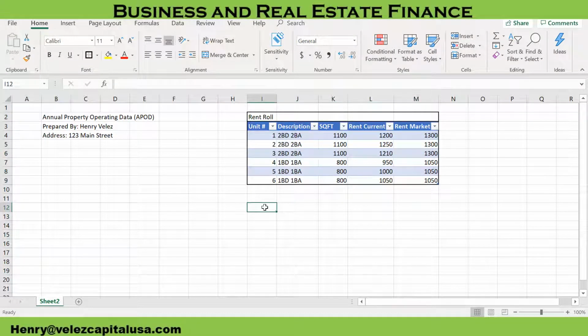Okay. So now we want to make some metrics to get a sense of our rent roll. Okay.